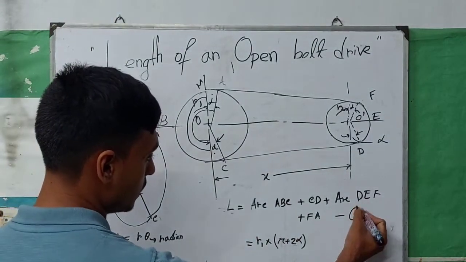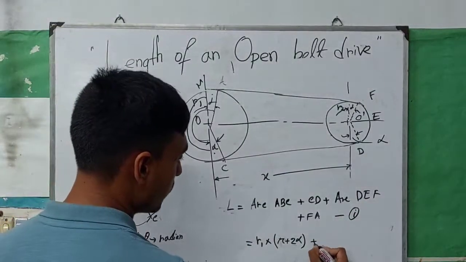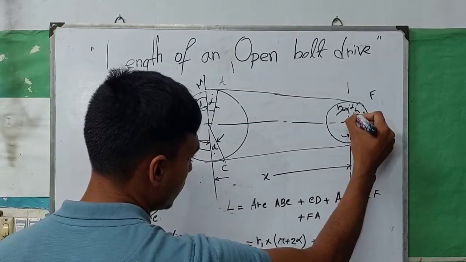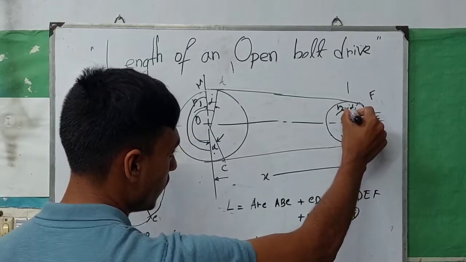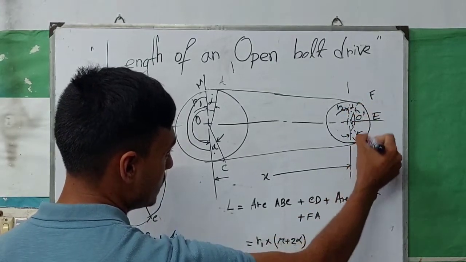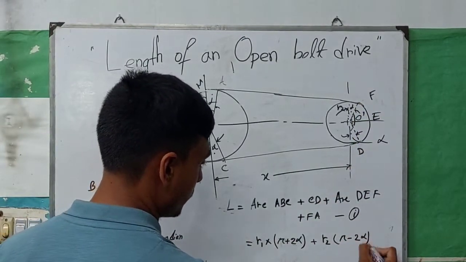Similarly, if we find the arc length of DF, its radius is r2 and the angle FOD is pi minus 2 alpha.